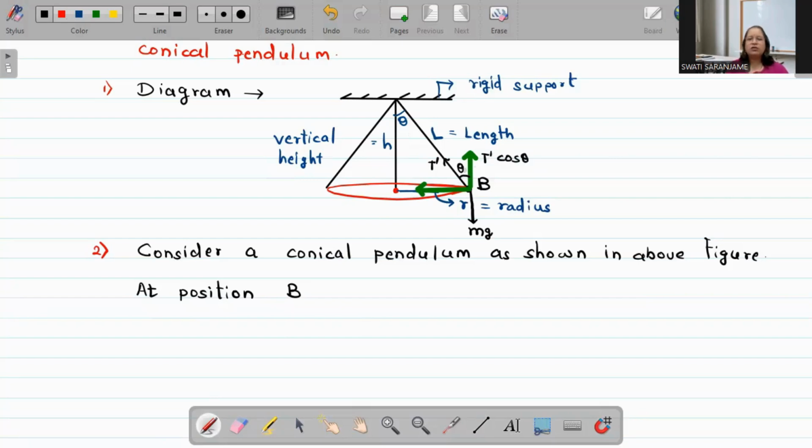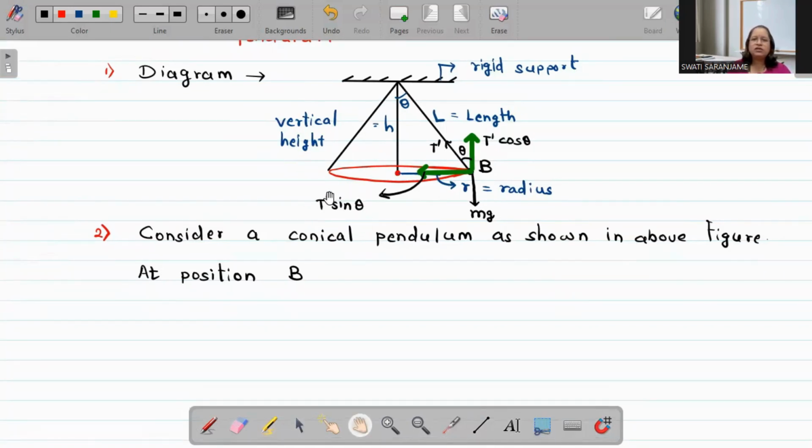The force which is balancing the weight mg is T dash cos theta, the component of the tension along mg but in opposite direction. And naturally, this component is T dash sine theta, which is along the radius towards the center.